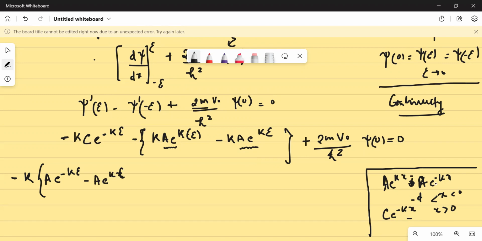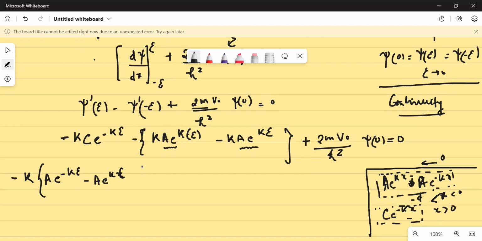So I am just writing the continuity conditions: from the left of 0 I write this, and to the right of 0 my wave function is this. I am evaluating the continuity condition as x tends to 0. From the left I write this wave function with minus epsilon instead of x, because I am approaching 0 from the left, and here I write C e to the power minus k epsilon.